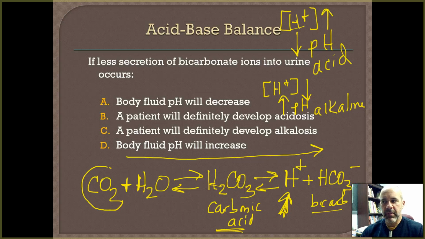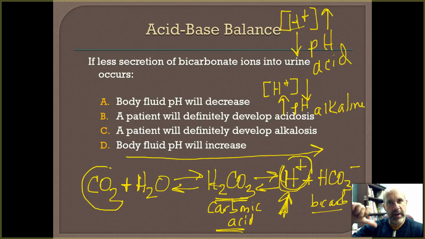All right, if you look at your equation here, acids like carbonic acid, the reason they're called acids is because they dissociate or break apart, and they release hydrogen ions into our body fluids. So the more of this you have around, the more hydrogen ions you're going to have in your body fluids. That's going to lower your pH. Your body fluids become more acidic.